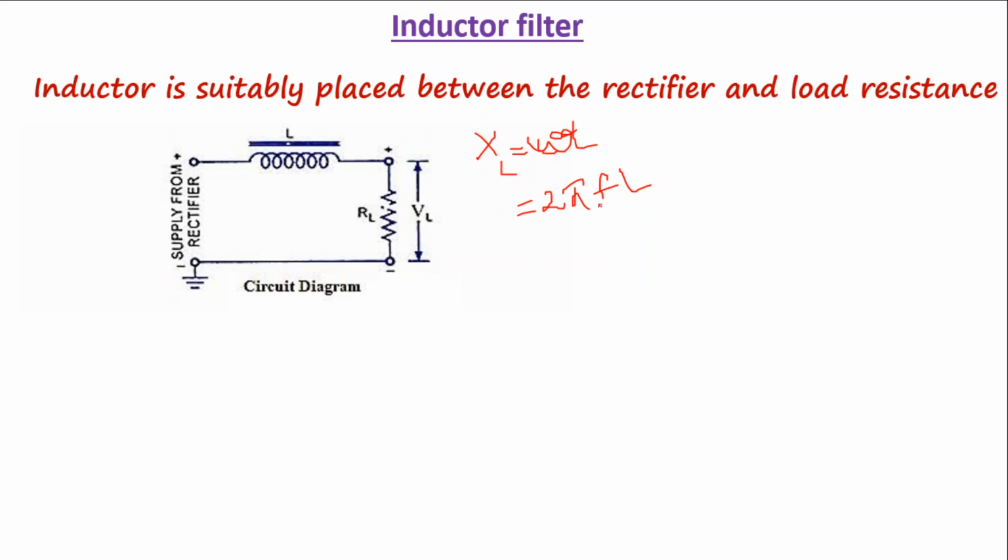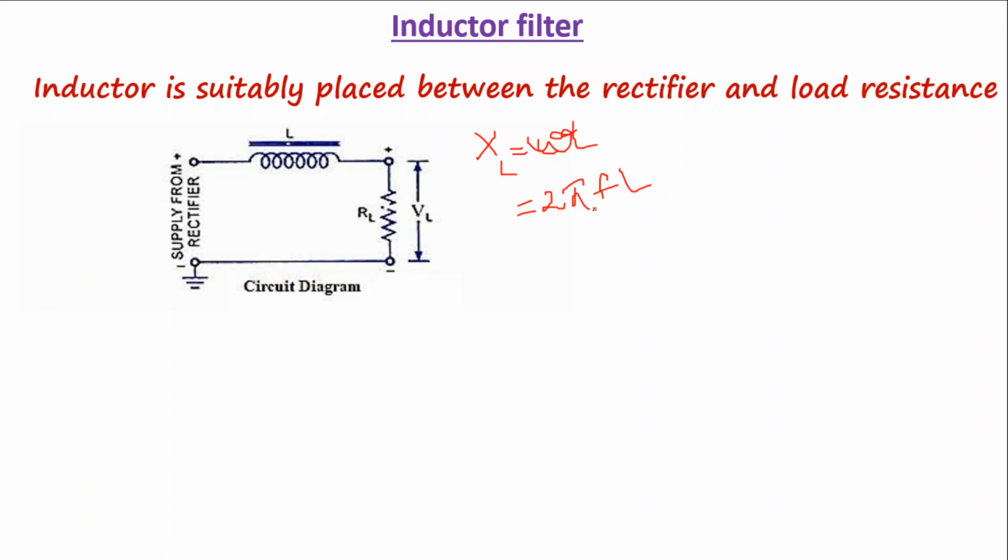Suppose you go on increasing the frequency, what happens? The reactance will also increase. Now consider the DC signal. DC doesn't have any frequency, that means f is 0. So for DC the reactance is 0.